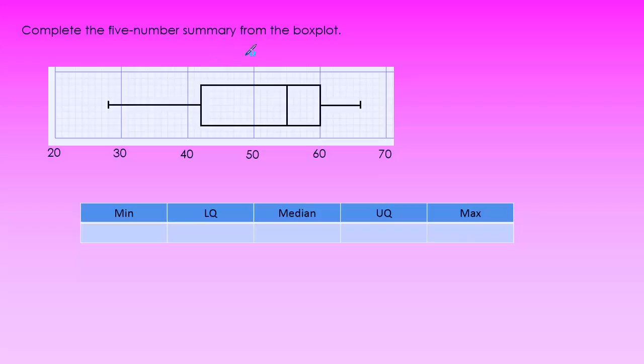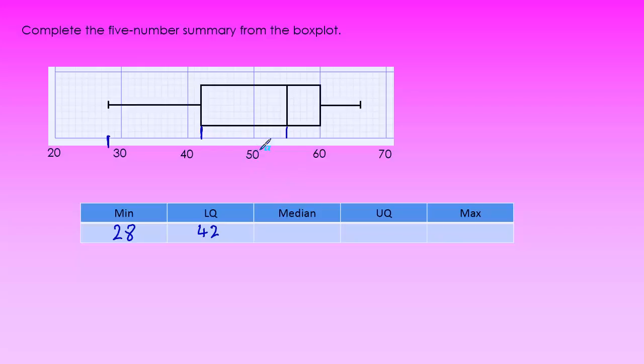Complete the 5-number summary from the box plot. So each small square seems to represent 1 unit. So the lowest value here would be at 28. So that's the minimum. The start of the box is the lower quartile, and that seems to be at 42. The line across the box is the median.